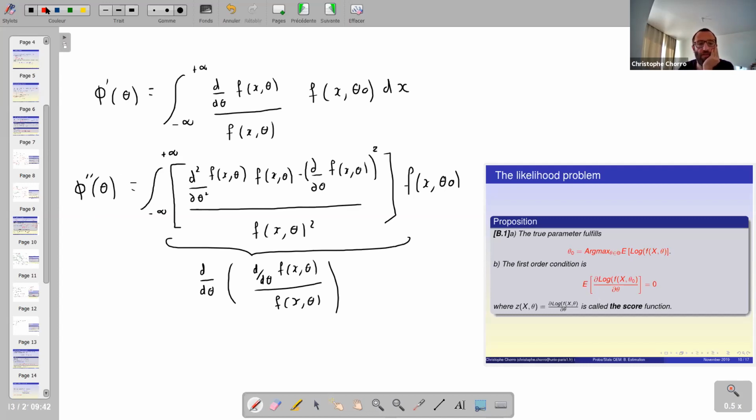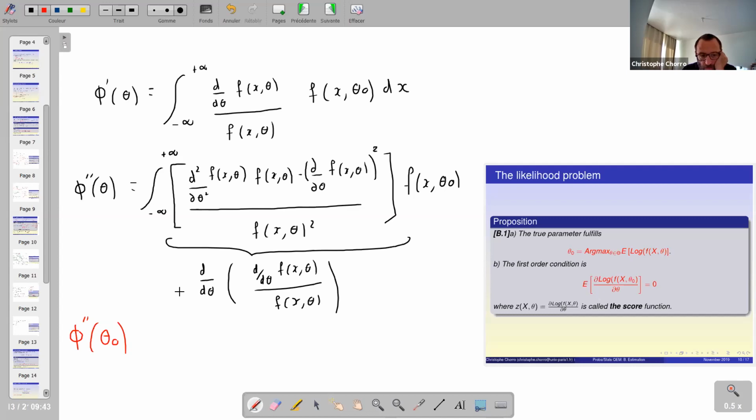I want to see what happens at theta 0. So what is f second of theta 0? Keep in mind that if I want to prove that theta 0 is at the very least a local maximum here, we have checked that it fulfilled the Euler condition, and then I have to check that the second derivative at the point theta 0 is strictly negative. It's the condition you have in order to ensure the existence of a local maximum here.